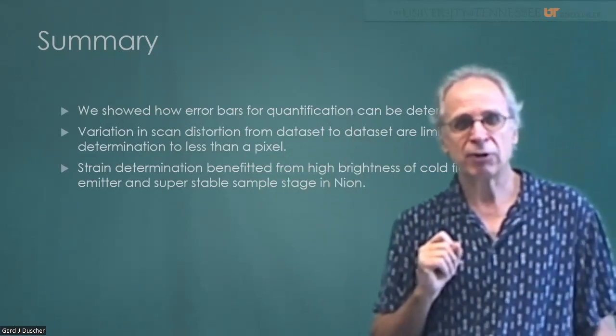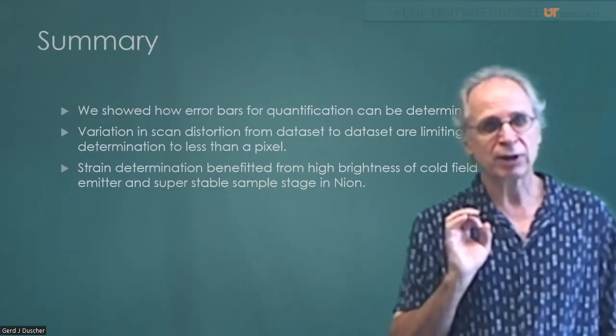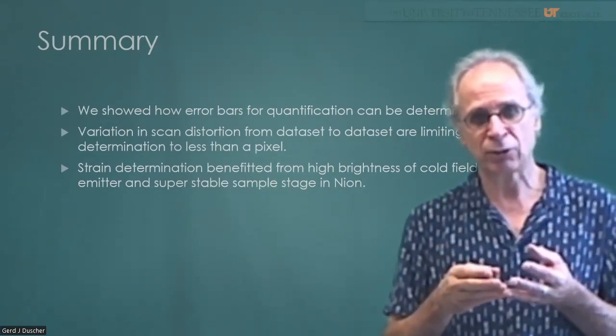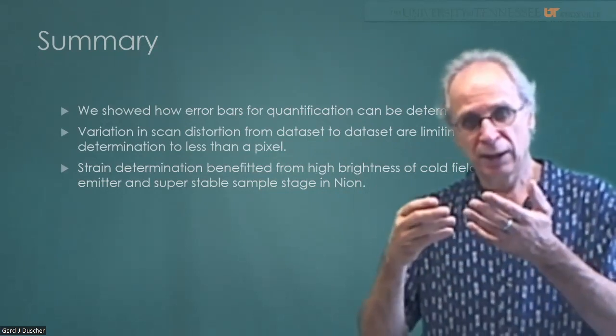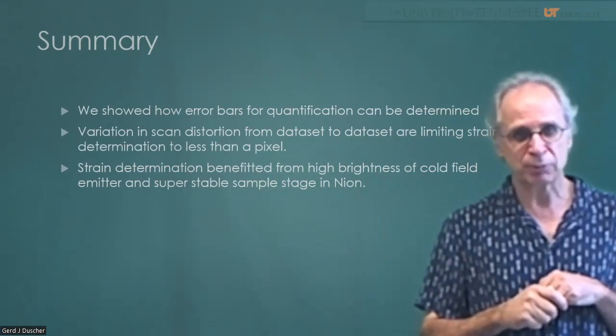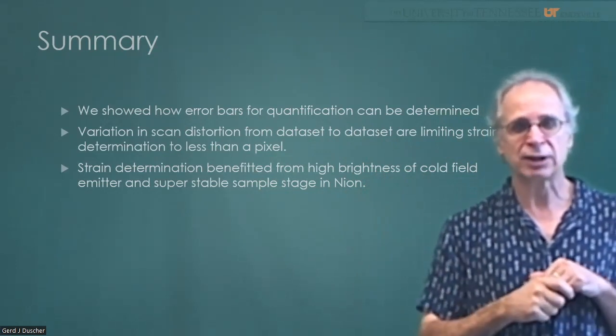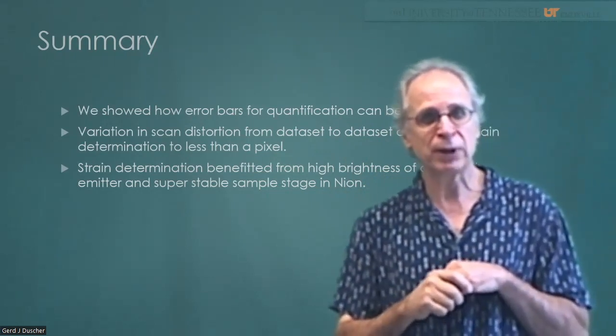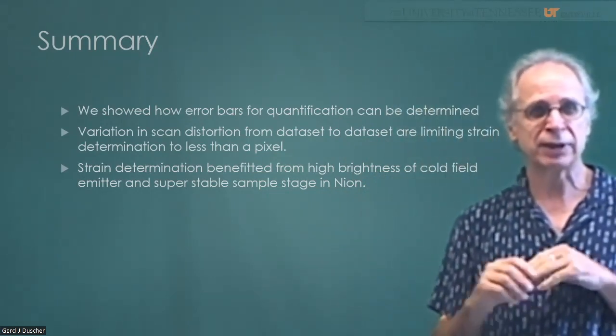So we will see what determines that strain determination, and that is how accurately you can determine your atom, and then how accurate or how stable is your microscope. And there are several parts of your microscope that will not be more stable than they are right now.